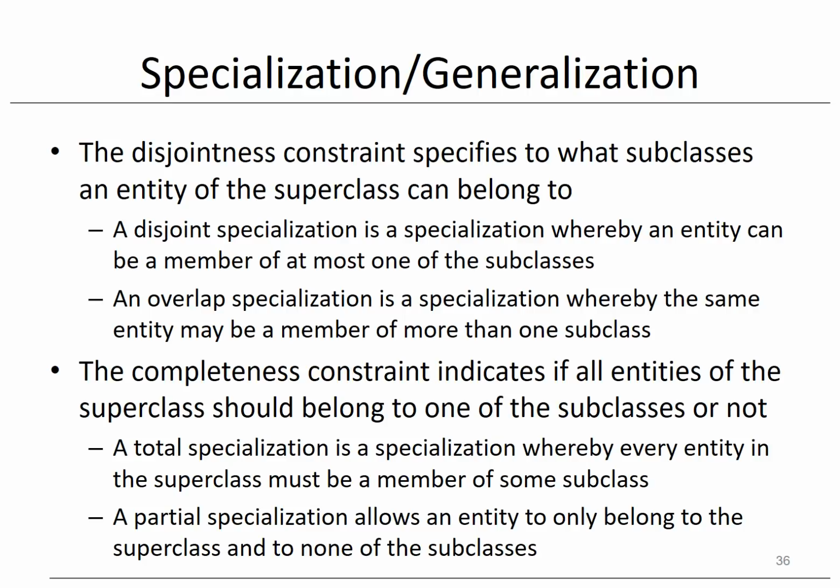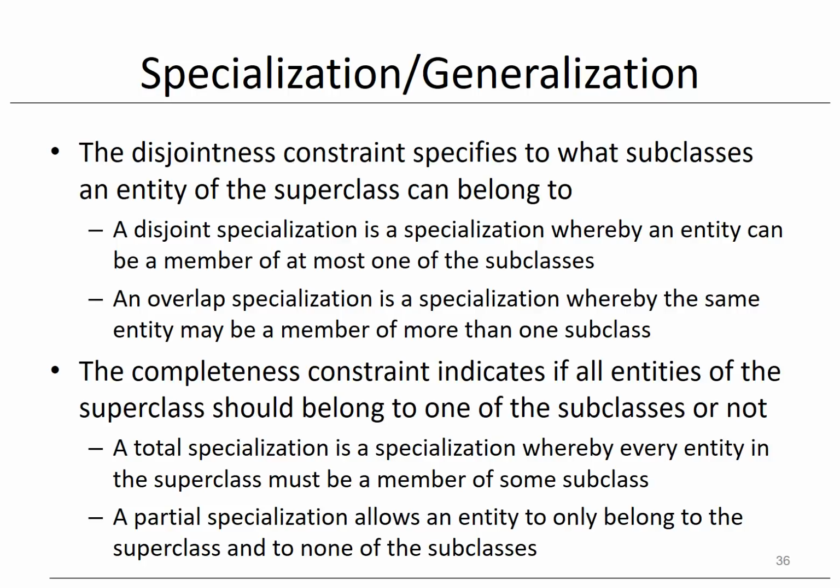The completeness constraint indicates if all entities of the superclass should belong to one of the subclasses or not. It can be set to either total or partial. A total specialization is a specialization whereby every entity in the superclass must be a member of some subclass.